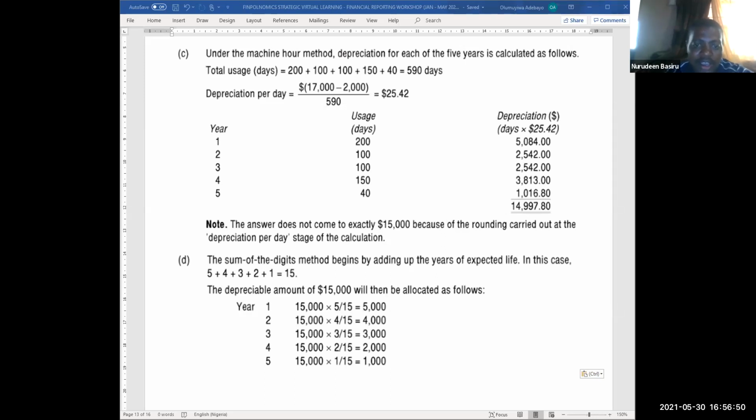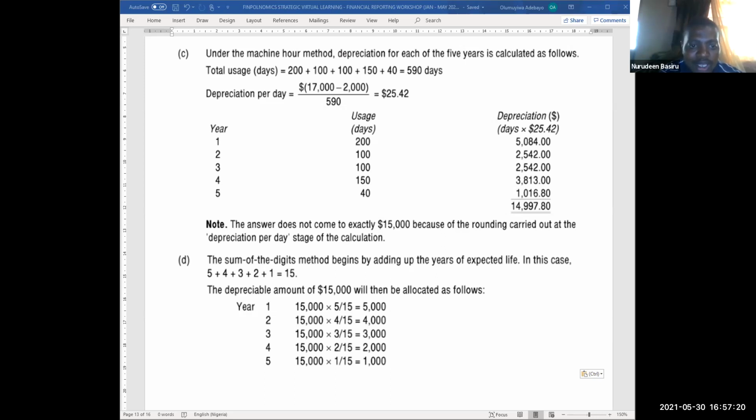However, we now depreciate based on the digits, and we started with year 1, but in year 1 we assume that the consumption for year 1 will be higher. It will be much compared to the rest of the year.